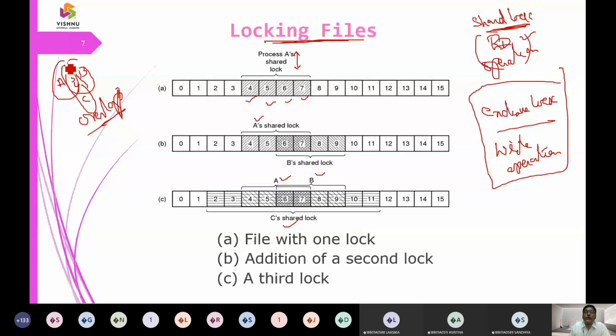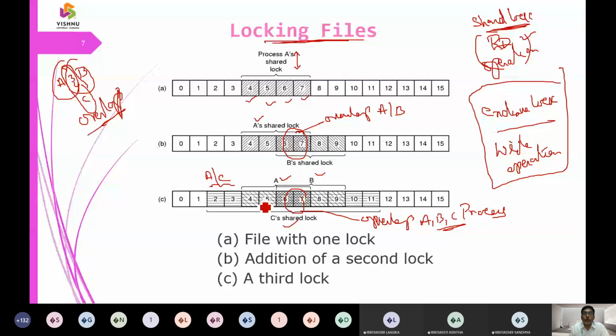And these two elements, 6 and 7, are an overlap between A and B, and again, 6 and 7 are an overlap between process A, process B, and process C content. This one, 2 and 3, is between A and C, and this one, 4 and 5, is between A and B.